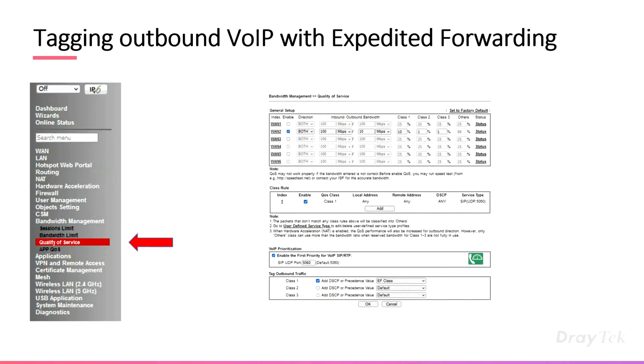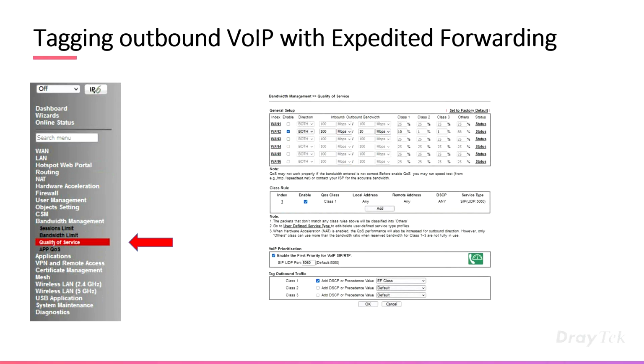Therefore, you can identify that traffic as being very important and matched under the class 1 rule. Now, if we want to tag outbound VoIP with expedite forwarding, which per hop behavior shows that any traffic class with EF is given highest priority and is not queued, basically. EF provides low latency and low jitter.